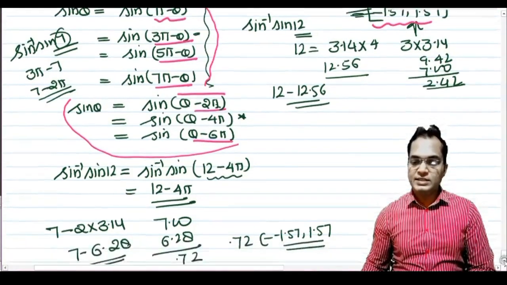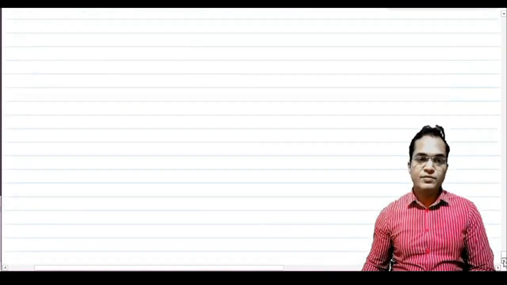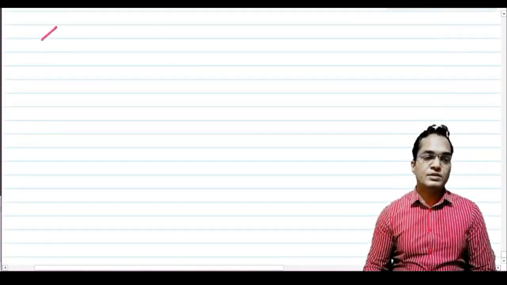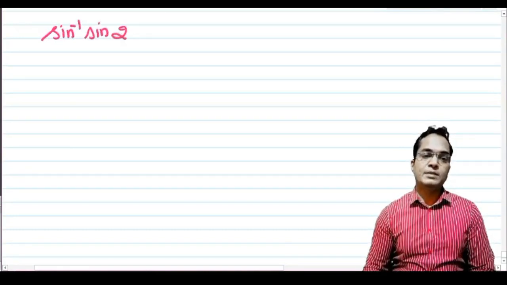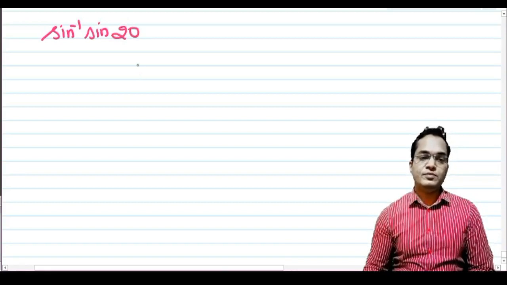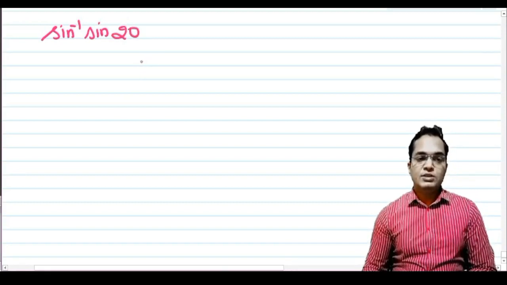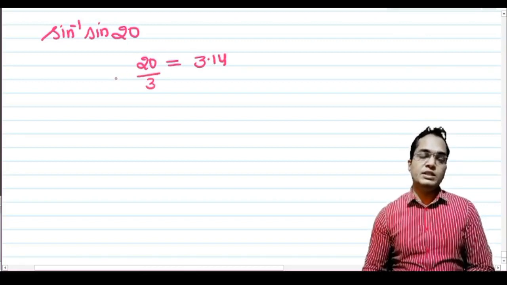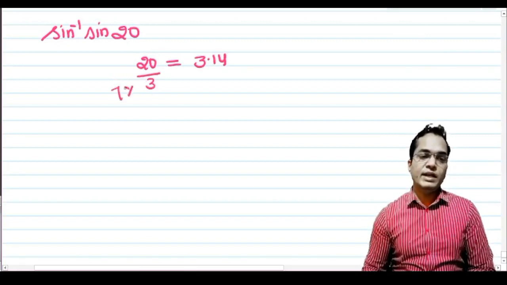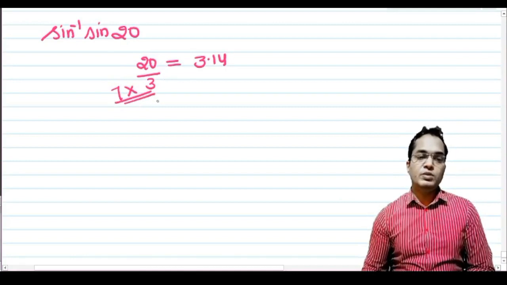Let's take an example. If I want to solve sine inverse sine of an angle, suppose 20. First of all, you have to check that 20 is approximately a multiple of 3.14, divide by 3. It is 7 times, or you can say 6 times.